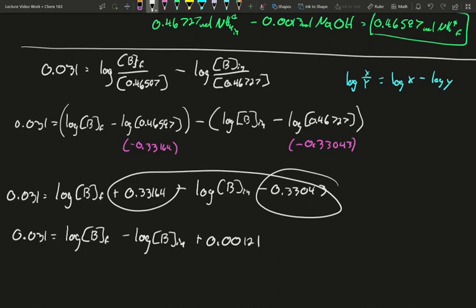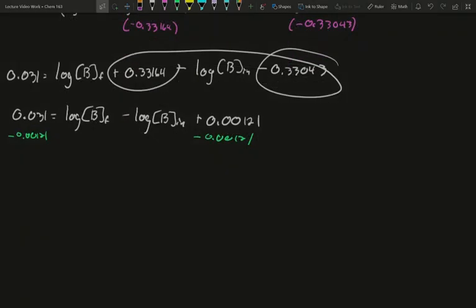I can subtract 0.00121 from both sides. What we will end up with is 0.02979 is equal to the log of the base final minus the log of the base initial.